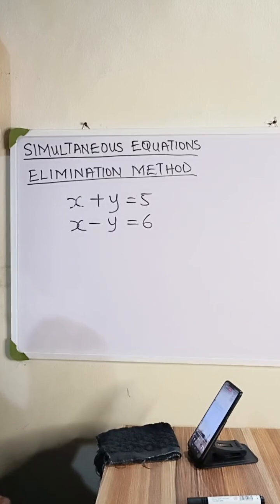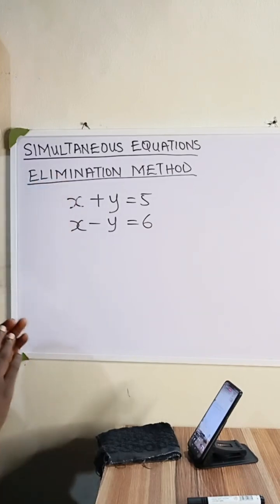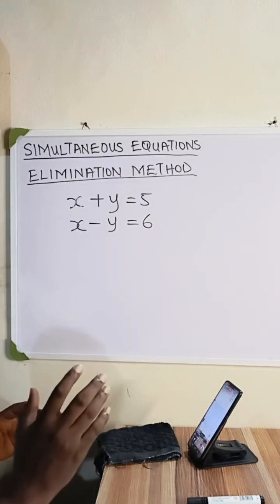Okay? So you're going to confirm for me, when we solve today's questions, if it is the same as what we did in the other class. Okay? So let's look at the first example. So remember I said in the elimination method, we look for a way to eliminate one variable in order to get the value of the other variable.